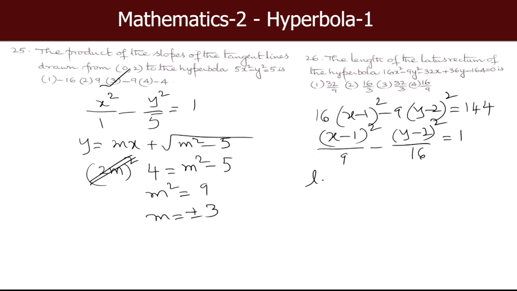So, the latus rectum is of length 2b square by a. B square is 16, a is 3. So, 32 by 3. That is the length of the latus rectum.